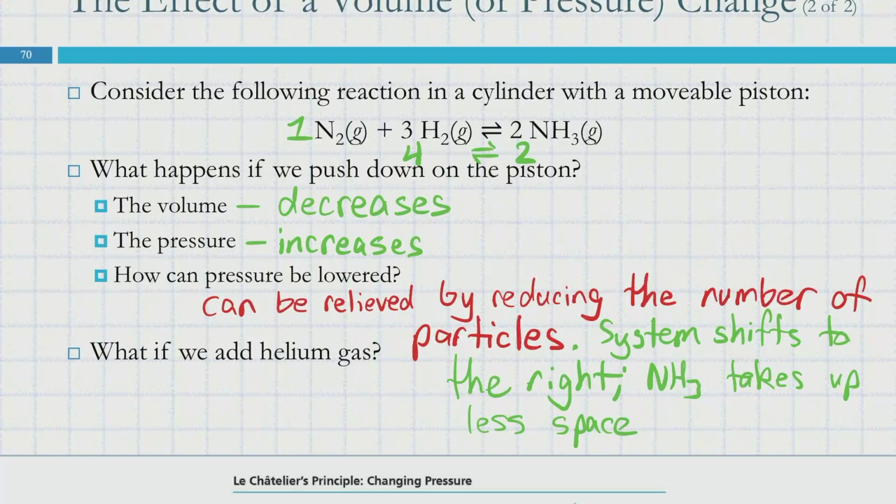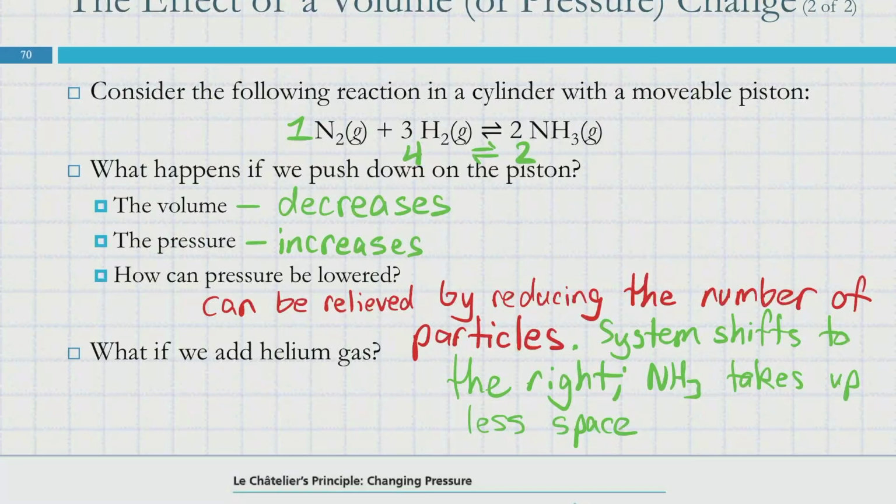What would happen, though, if we added helium gas to this mixture without a change in pressure? Shift right. Shouldn't shift at all, because we don't have helium. Oh, wait.